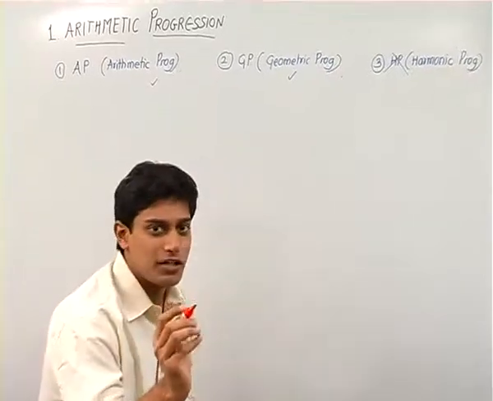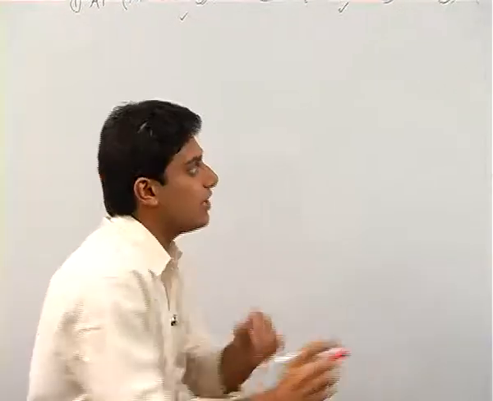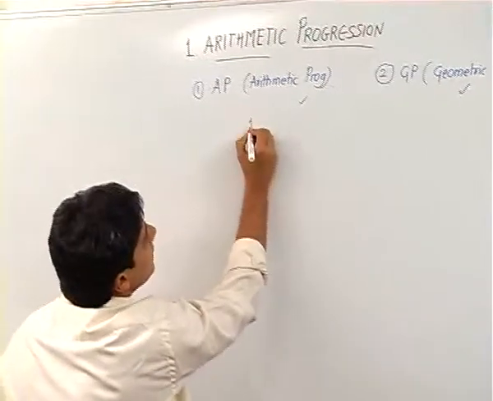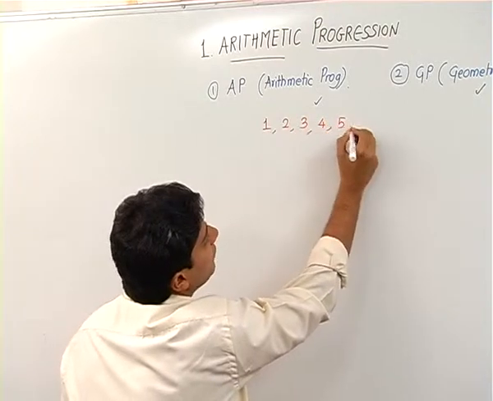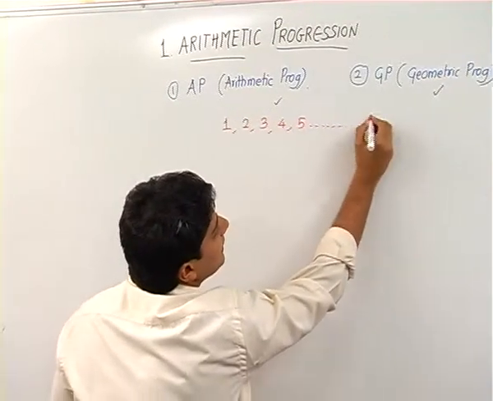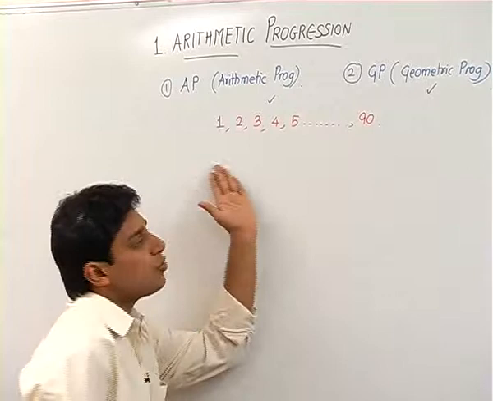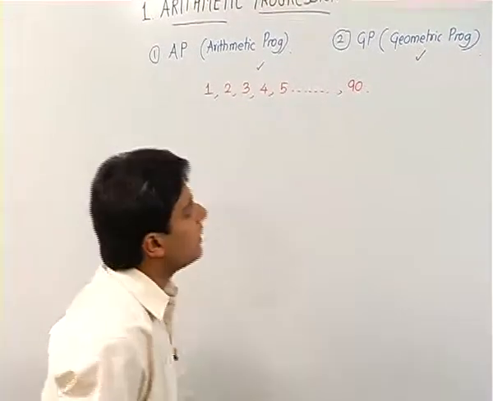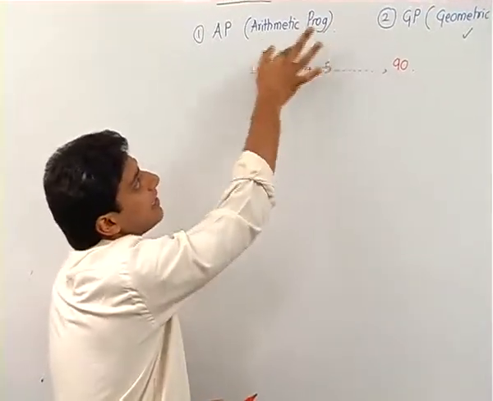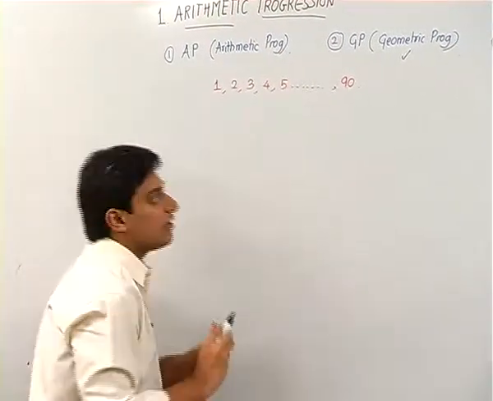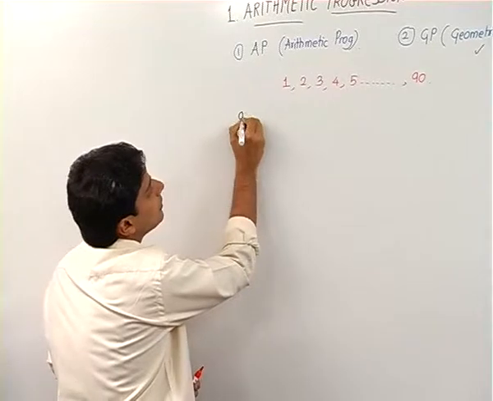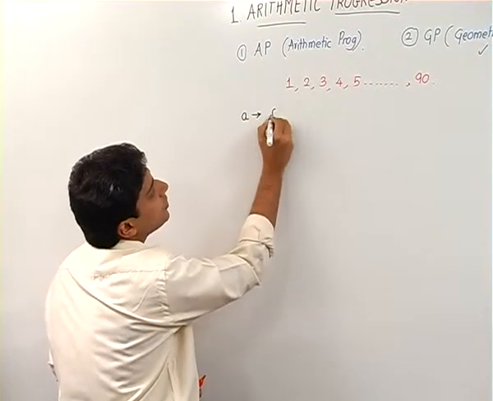Now, when I'm talking about a sequence, look, if I give you a sequence like 1, 2, 3, 4, 5, continuing till 90, this is known as a sequence of numbers. So first we learn what the terms of an arithmetic progression are. I can call A nothing but your first term.